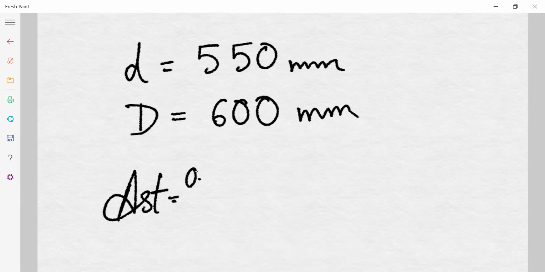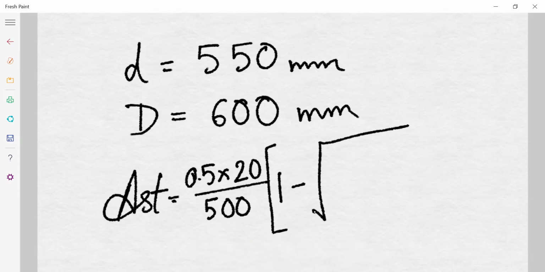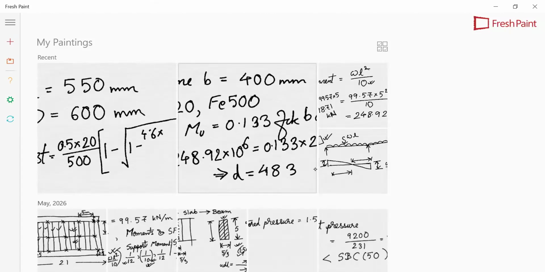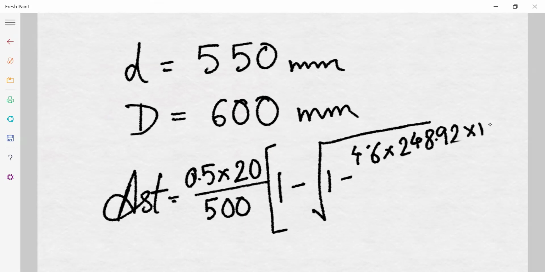So AST is 0.5 into FCK by FY, which is 20 by 500, into 1 minus root over 1 minus 4.6 into the moment value, 248.92 into 10 to the power 6, by FCK BD square.